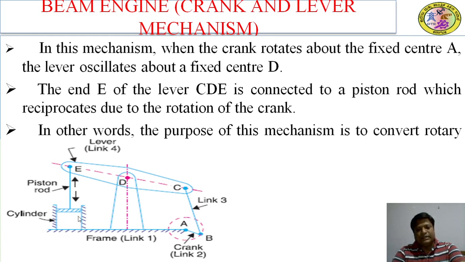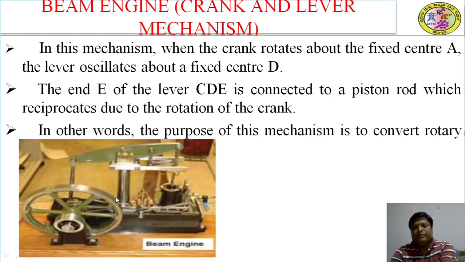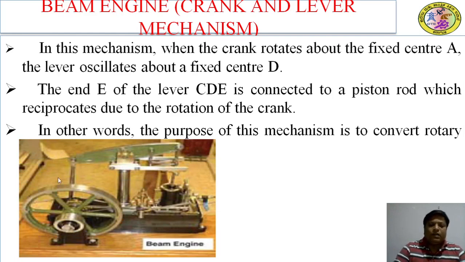The piston and cylinder can be used in a punching machine, for piercing or blanking operations. Here the animation is a simple model of the beam engine.